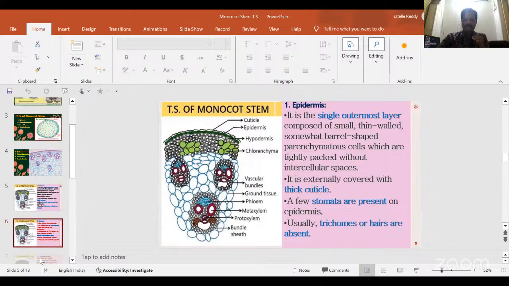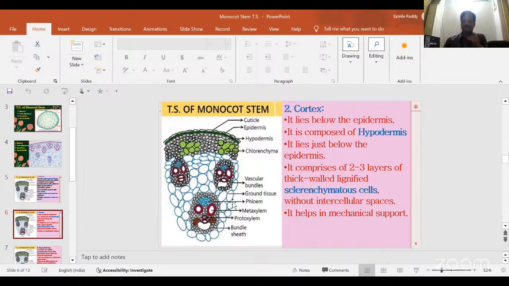The next one is cortex. As I said, just below the epidermis, you can see a few layers of thick, closely packed cells. This is the hypodermis.